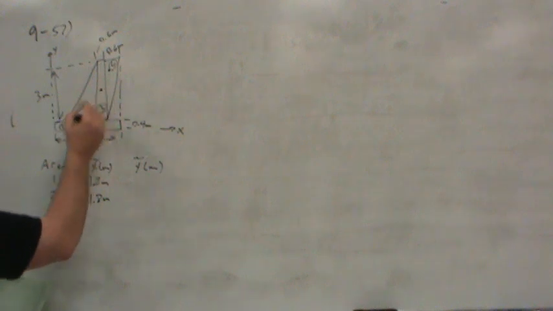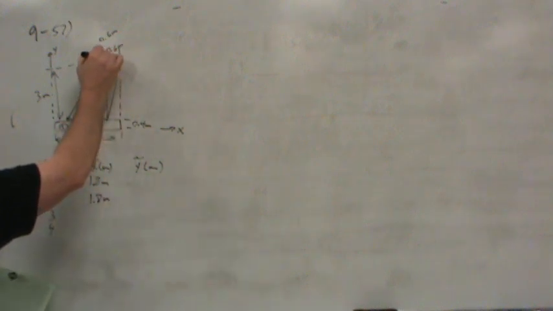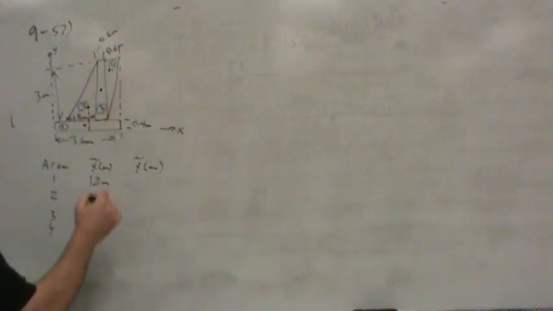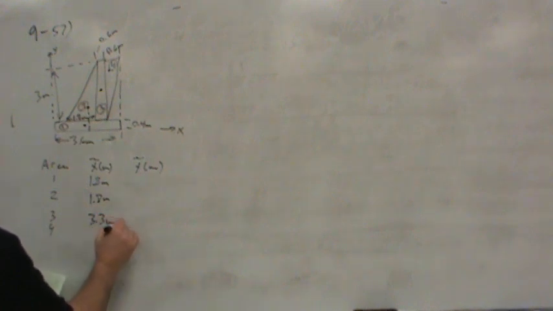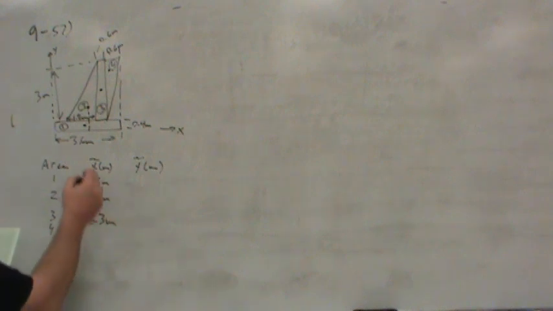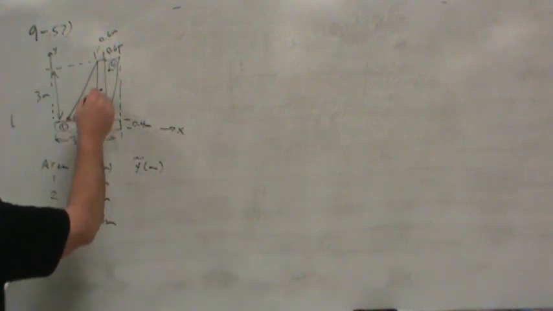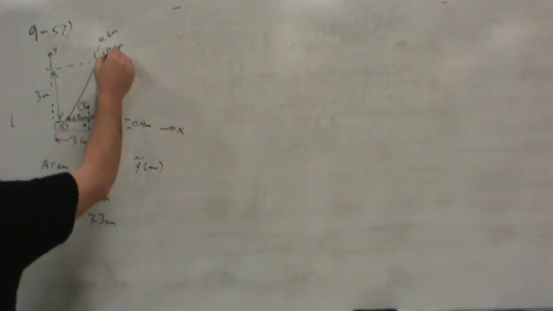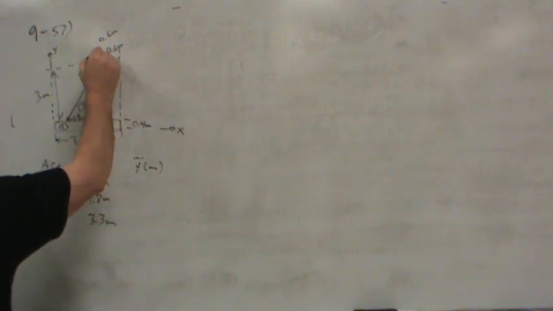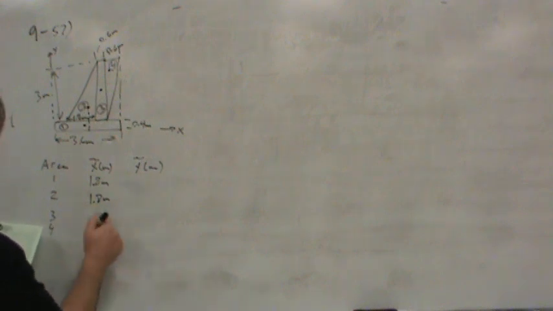For body 3, I'd go to 3.6, subtract 0.6, so 3, subtract 0.3, and be at 3.3 meters. But I got that wrong, didn't I? Let me try again. Area 3, 3.6 less 0.6 would be 3, then 2.7. I added instead of subtracting.